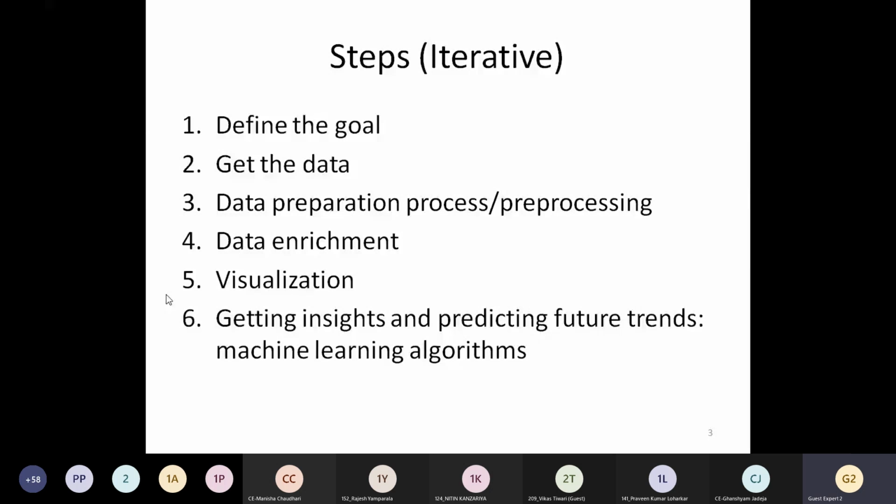Then to achieve your goal, you have to collect the data. You should have a large data set to solve your problem. After getting the data set, you have to study it, or do pre-processing. During pre-processing, you look into the data set and find out if something is missing.